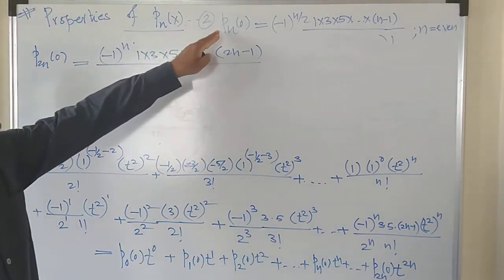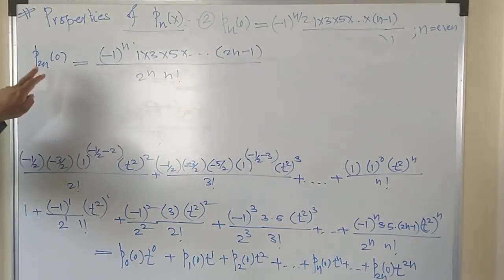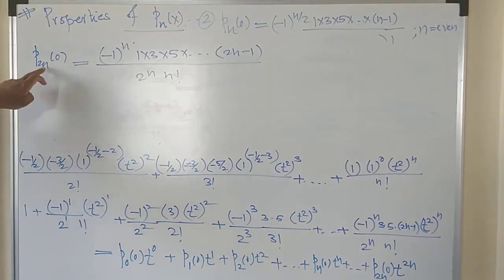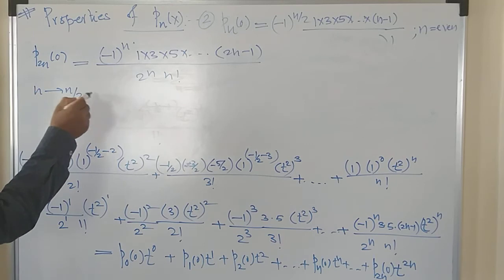But to prove this Pn of 0 is equal to this, we need Pn here, not P2n. And to do that, replace n by n by 2.